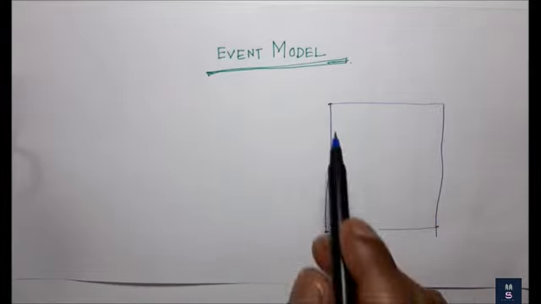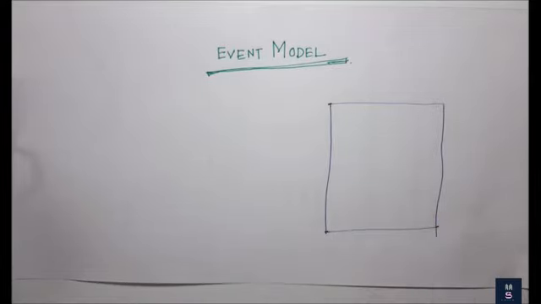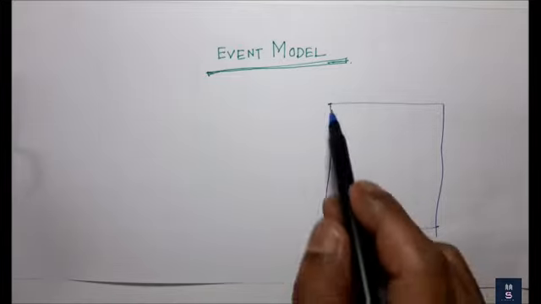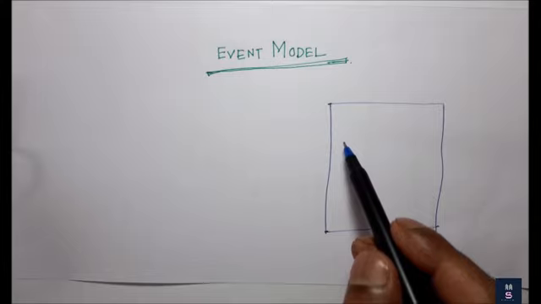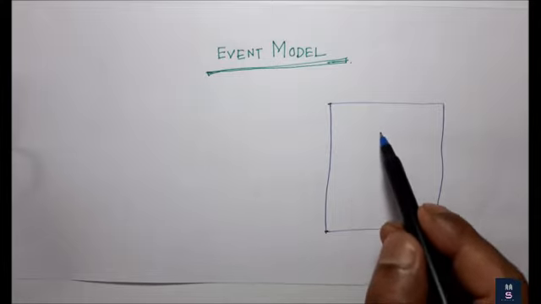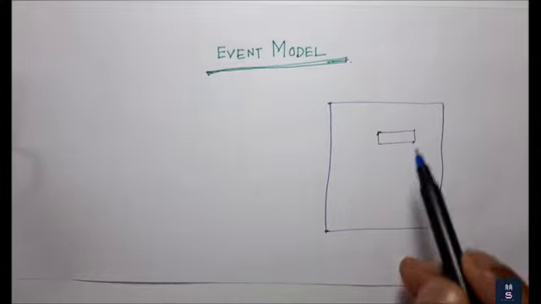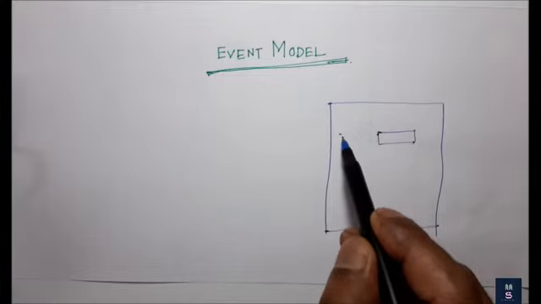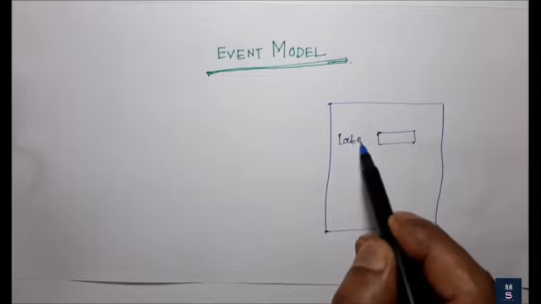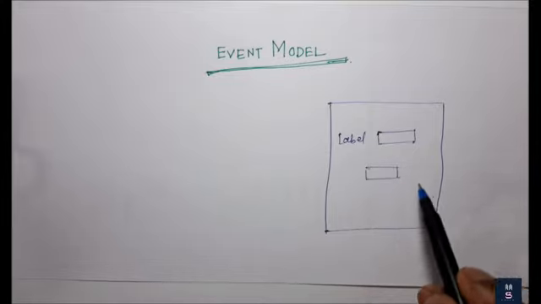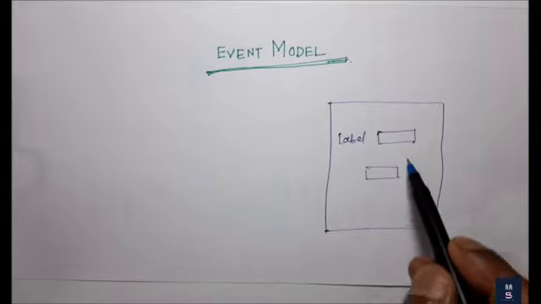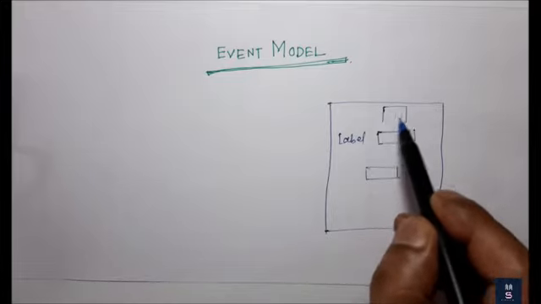Suppose I want to implement an application where this is my window, and the window consists of, as we are already familiar with in any application, a text box, a label, a button, and maybe some text fields.